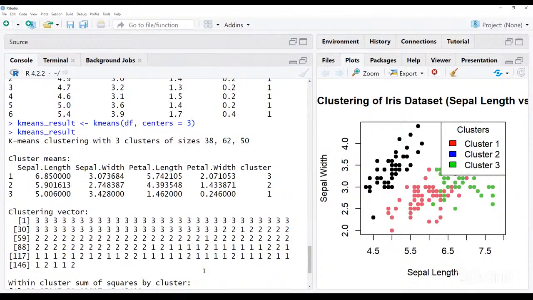For cluster 3, the mean is 2.07 for the petal width, sepal length 6.85 and sepal width is 3.07. 6.85 and 3.07.